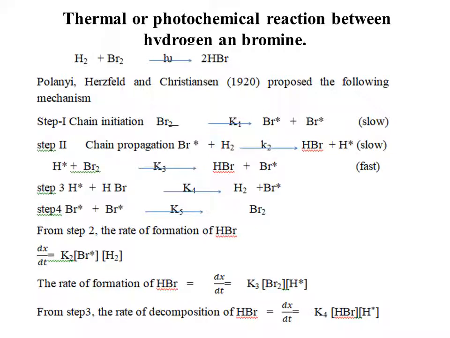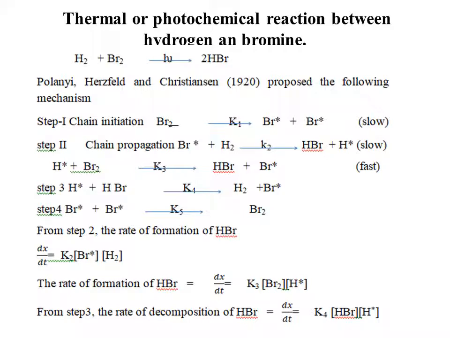In this step, the bromine molecule in the presence of sunlight is converted into bromine free radicals, Br* plus Br*, with the rate constant K1. This is a slow reaction. Number 2, the chain propagation step.